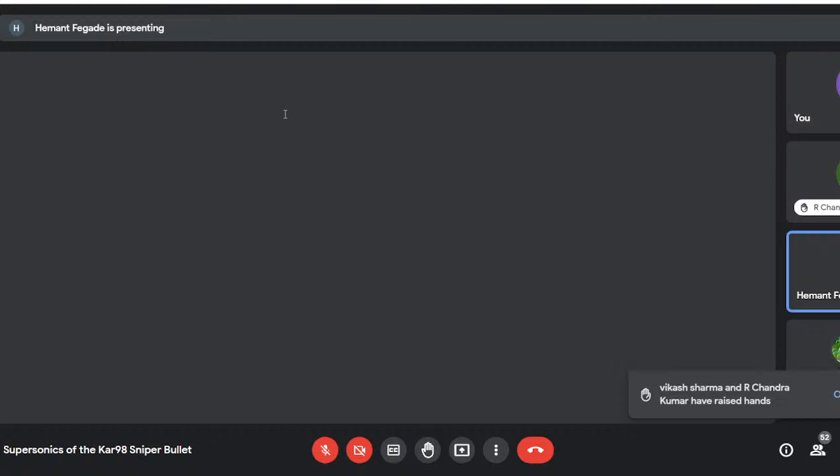So normally, when you talk about shock waves, you will have this constant phase. When you are talking about higher speeds, you will have shock waves that are constant.